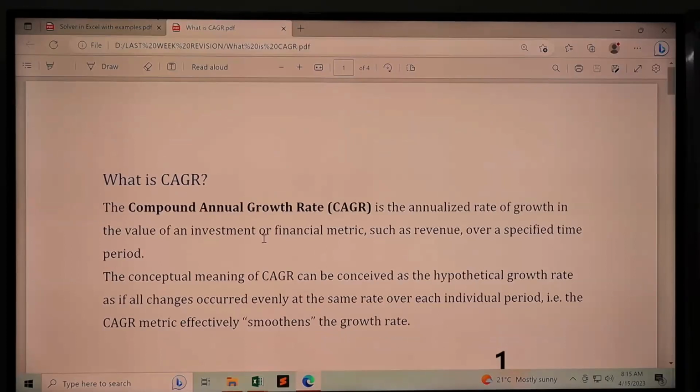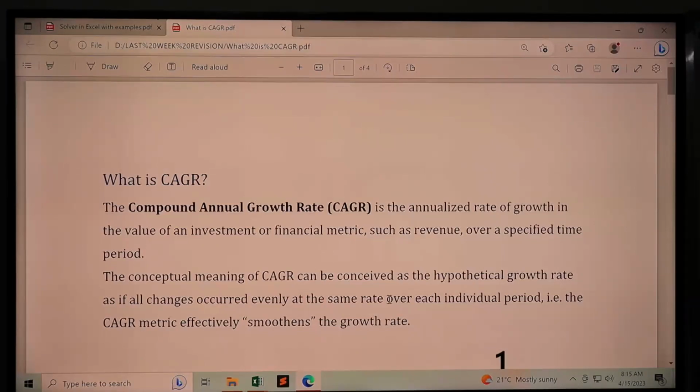We also check about Excel solvers. And finally, we will discuss the question paper. That is the last sitting, question 21, December 2022. So that is the question we are going to discuss.